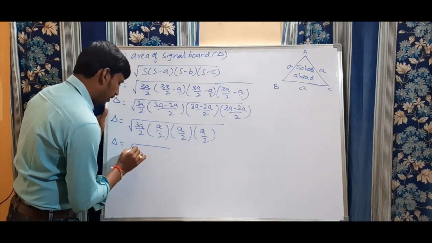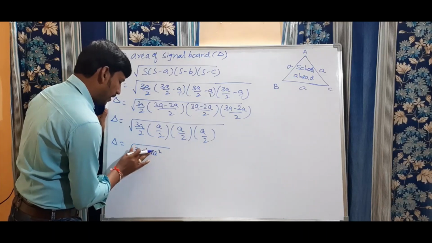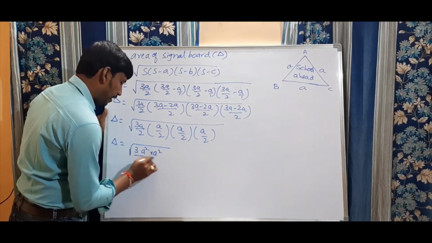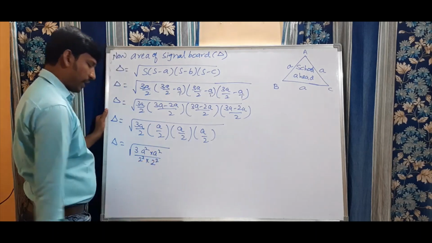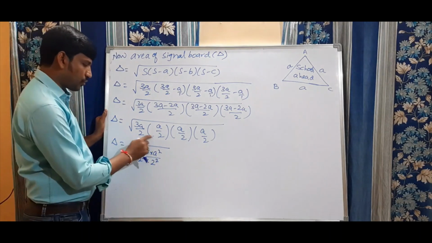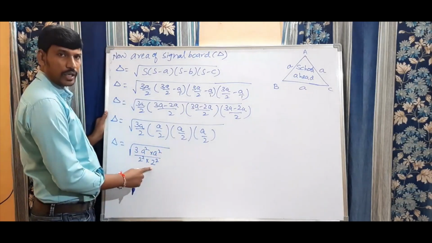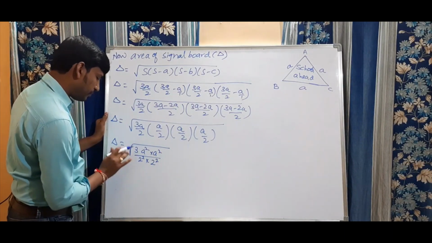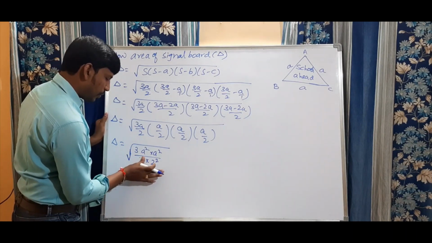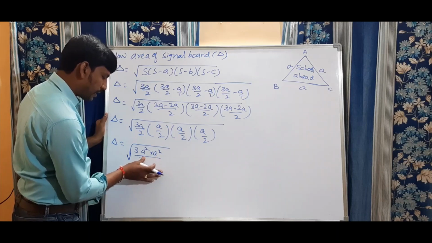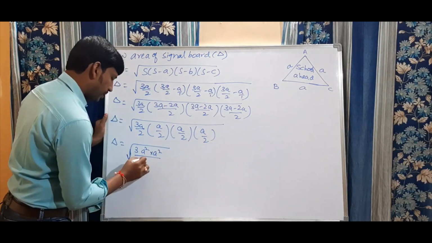Clear? Now see this here, root 3 into a square into a square. Clear? By 2 2's are 4, that is 2 square into 2 square I am going to write. Is this clear, my dears? These two I wrote as 2 square and these two I wrote as 2 square. Or you can write 2 to the 4 directly, no problem. 2 to the 4, 4 to the 8, 8 to the 16.